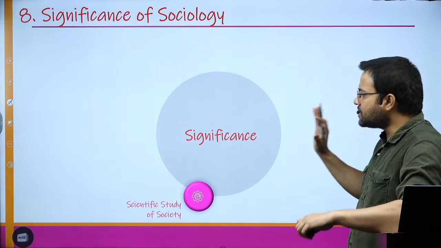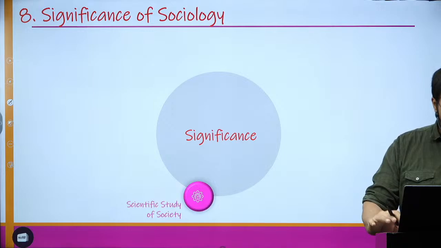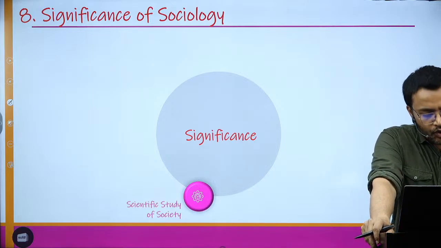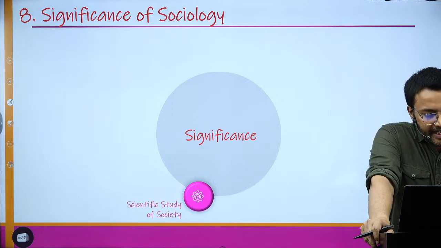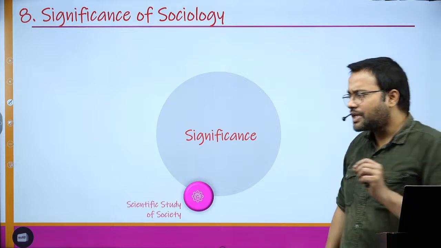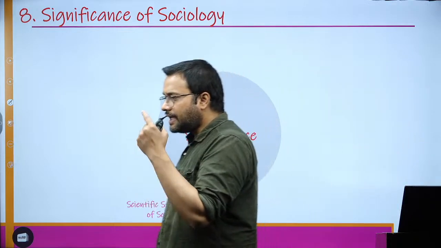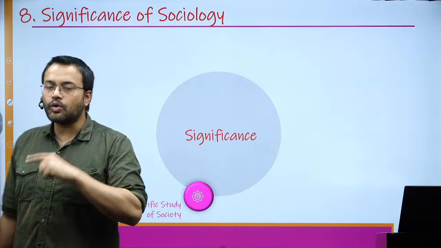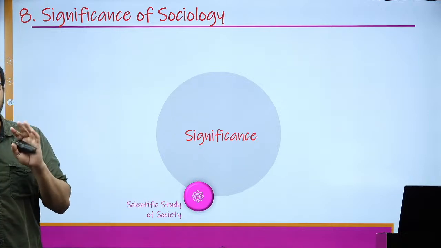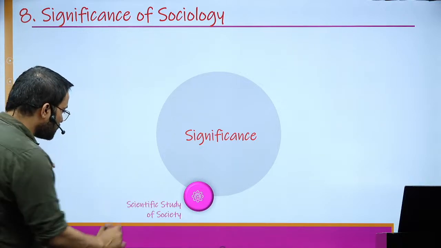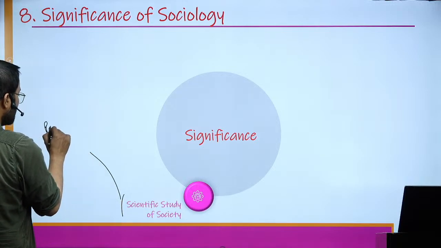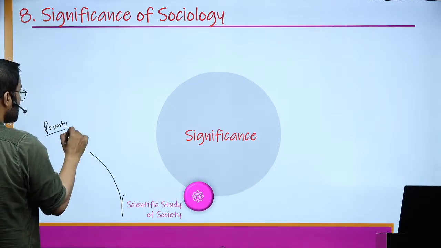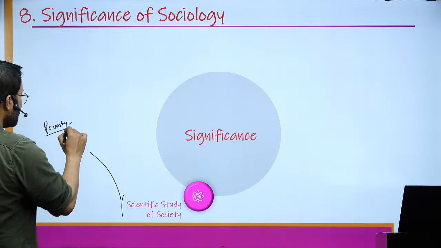See, scientific study of society. When we talk about sociology, how society actually works, how society is actually functioning, it can be decoded by doing research in society. Suppose you're talking about poverty.